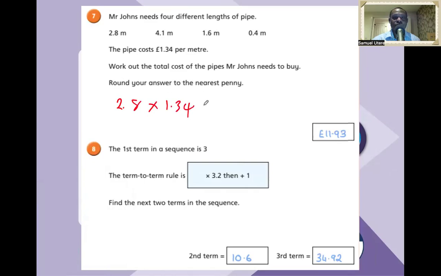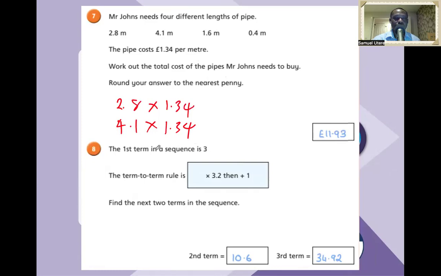So do these calculations, then do this one, 4.1 times 1.34. So you do these calculations. When you finish, you add all of them up, and then you round your answer to the nearest penny.